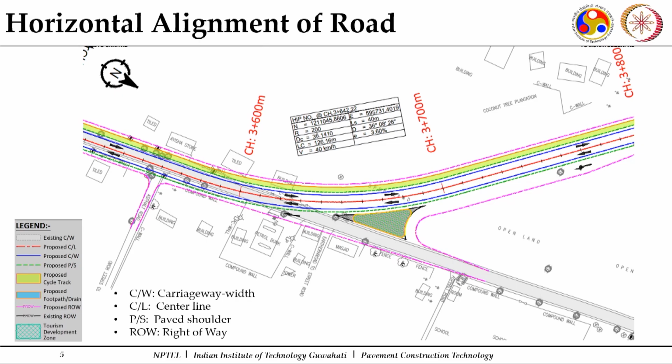So, as we discussed in earlier courses also, it is very important to understand the design, specifically the alignment of your road. So, it is very essential for everyone to understand the drawings, to understand the aspects which are shown in the drawings in terms of the center line, the presence of curves, the width which has been shown, the ROW which has been acquired, and the radius of any curve which has been shown.